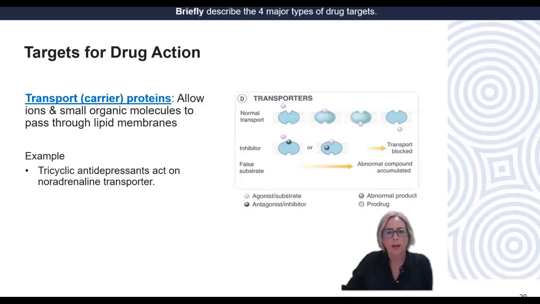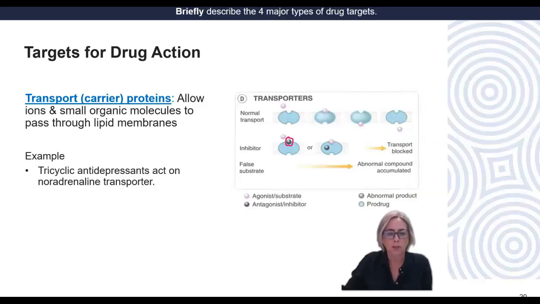Okay, so you can inhibit these transport proteins, and here you've got an example of that. This drug is inhibiting this transporter here, and therefore transport of the agonist or substrate is blocked.